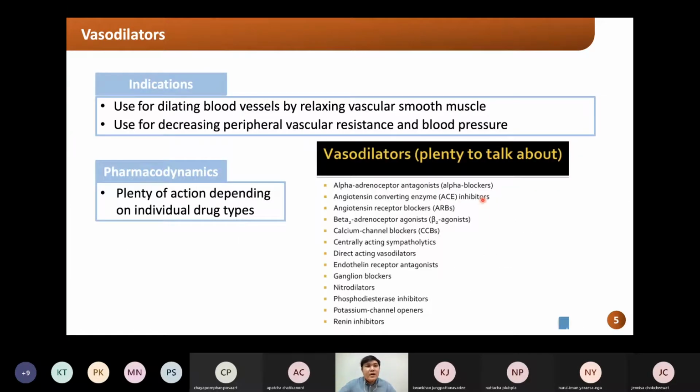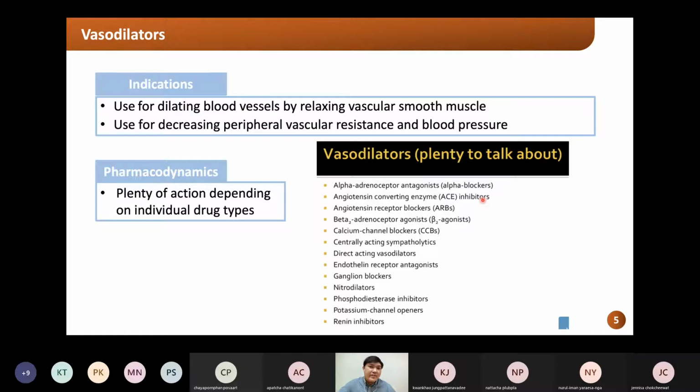All right, so I'm going to move to the vasodilators. Like I said in the previous slide, vasodilators are used to dilate blood vessels by relaxing vascular smooth muscle tone.